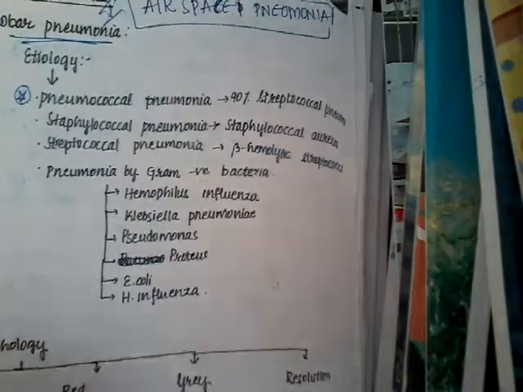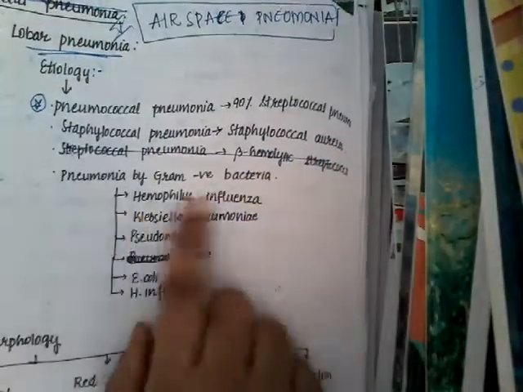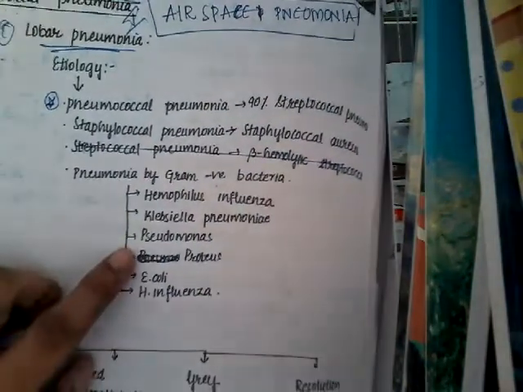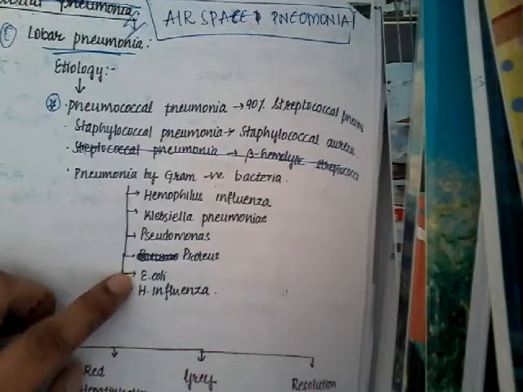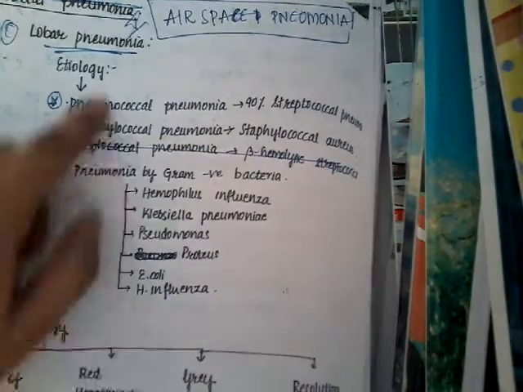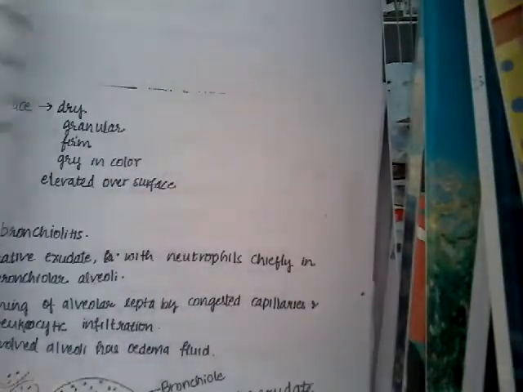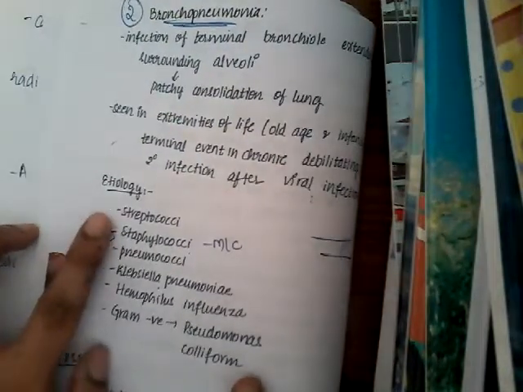And then the other gram-negative bacteria like Haemophilus Influenzae, Klebsiella pneumonia, Pseudomonas, Proteus, E. coli and influenza. These are different organisms causing lobar pneumonia.